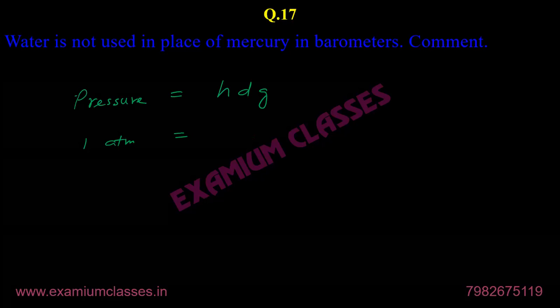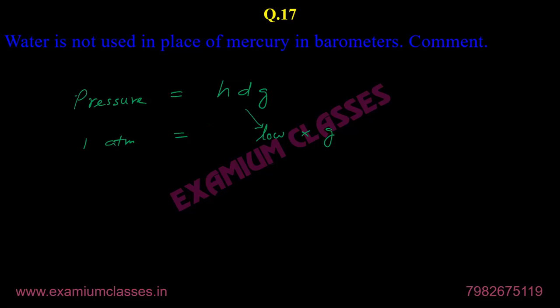If density is low, g is constant, height will be very high. And water has low density as compared to mercury. Mercury has very high density. It's actually liquid metal.